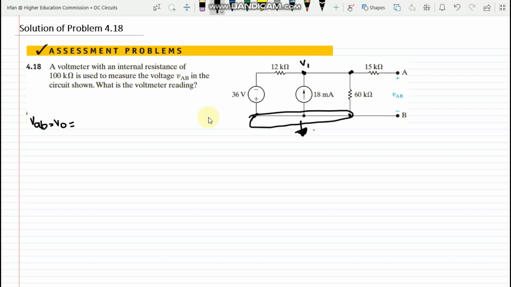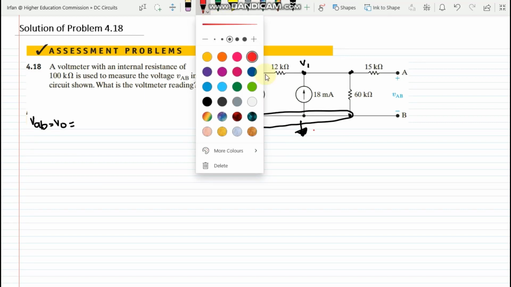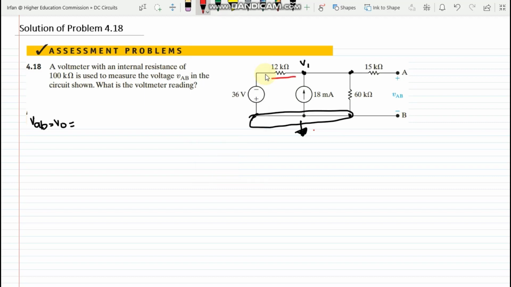Now, to find the values here, let me call the currents I1, I2 and I3. This current is basically flowing this way, because this is an open circuit, and these are the only branches left.